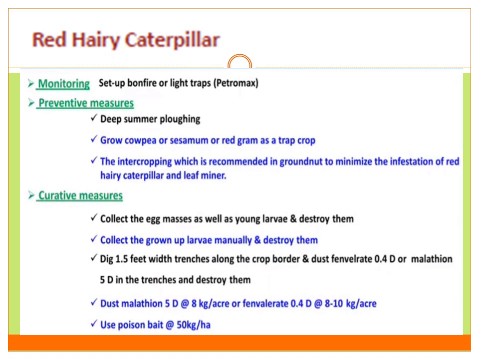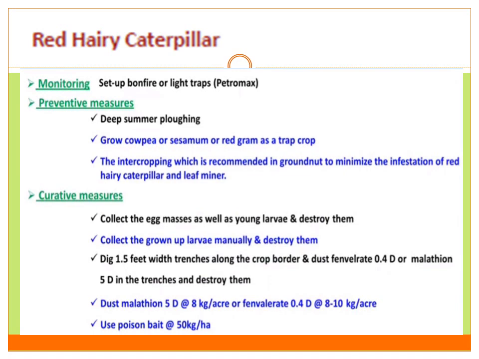How to manage this hairy caterpillar? So we need to do monitoring, set up bonfire or light traps, and as preventive measures, deep summer plowing, and grow cowpea or sesamum or red gram as a trap crop. Intercropping is recommended in peanut to minimize the infestation of hairy caterpillar and leaf miner.